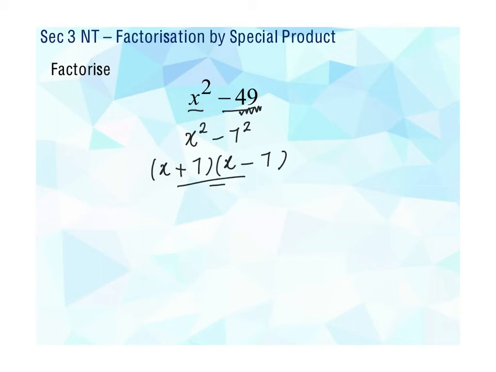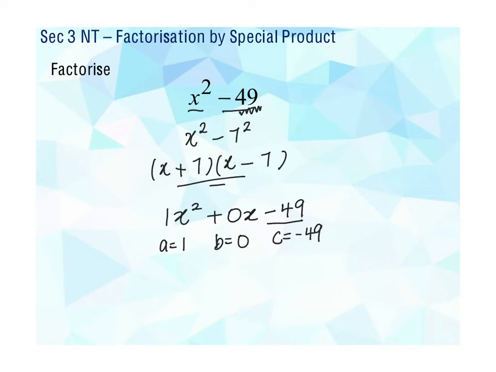Now, another method that you can do is to take it to be x squared plus 0x minus 49. And we can still use our a, b, c method. What is a? A is 1 unit of x squared, so a is 1. b will be 0, and c will be negative 49.